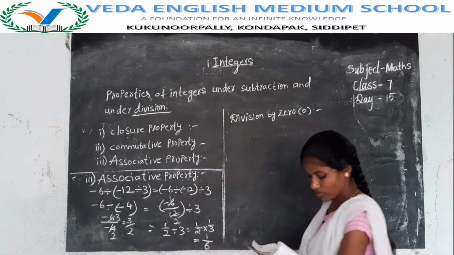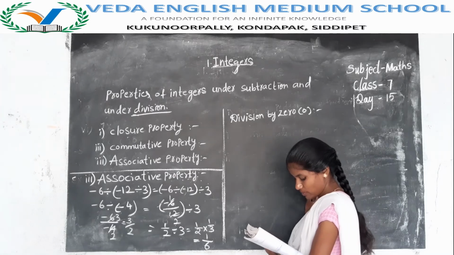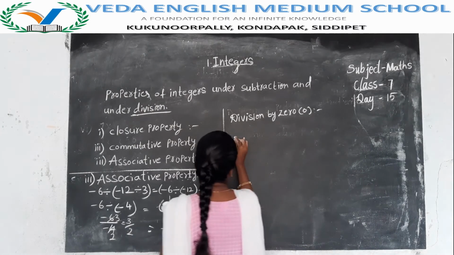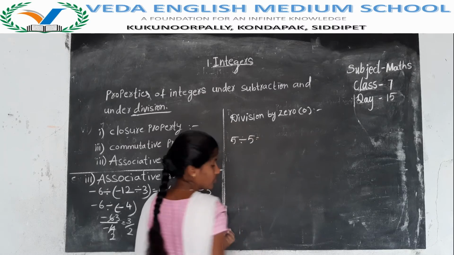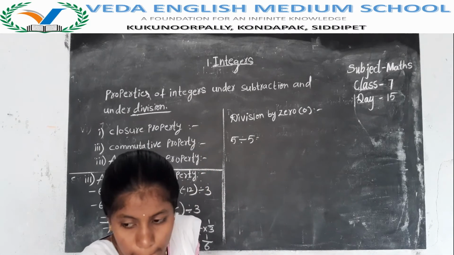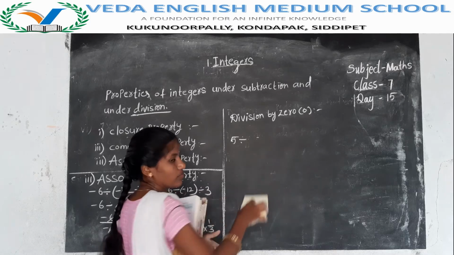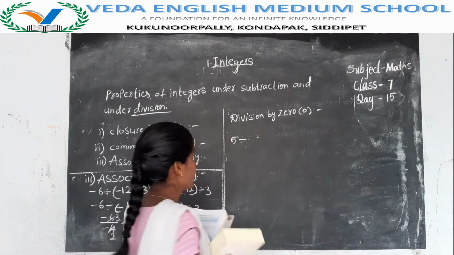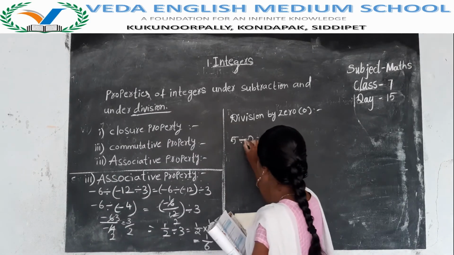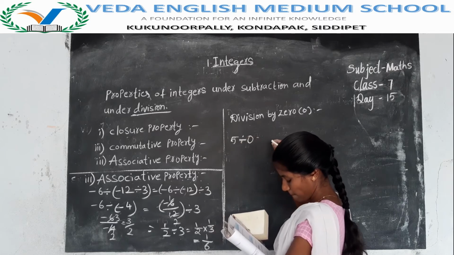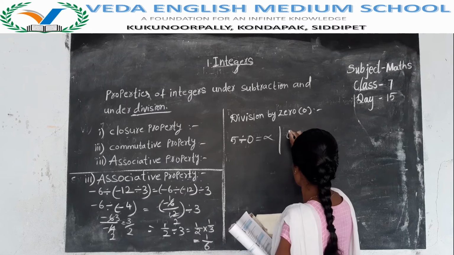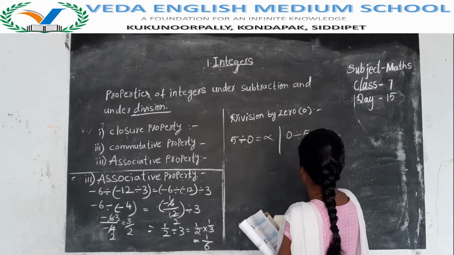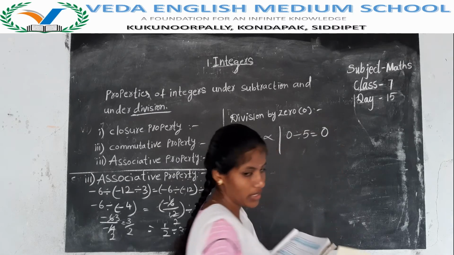That means for any integer a divided by 0, for example five divided by 0, we cannot define it. But 0 divided by 5 we can define, and always you are getting 0 as the answer.